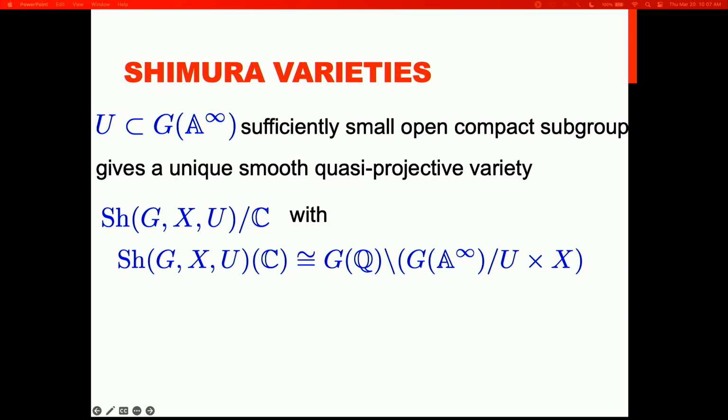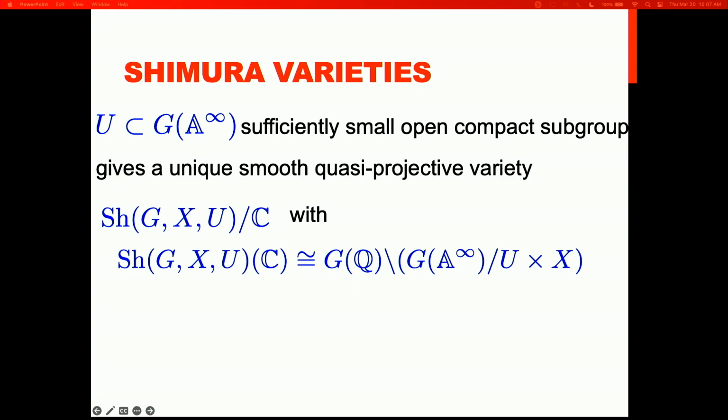If I take the quotient of G, so G(A_f) mod U is a discrete set, X is a complex manifold, I take their product, G(Q) acts on the left on both of these, on X by conjugation and on the finite adelic points of G by translation. And so this becomes a complex manifold.